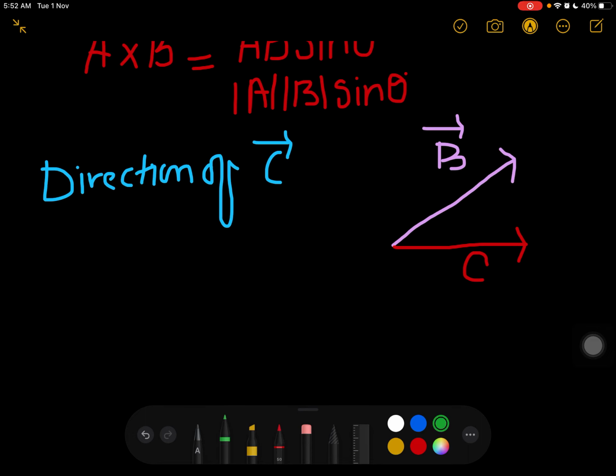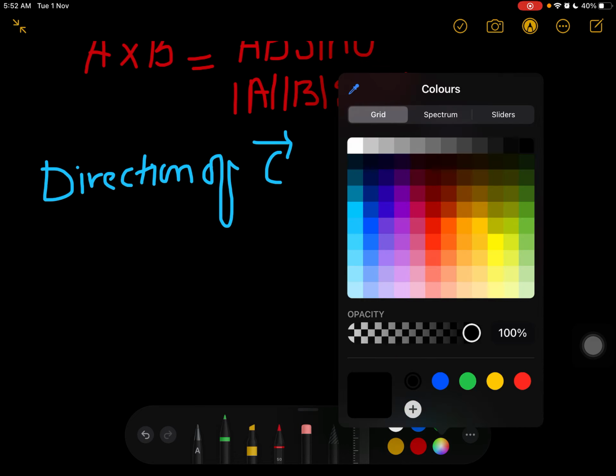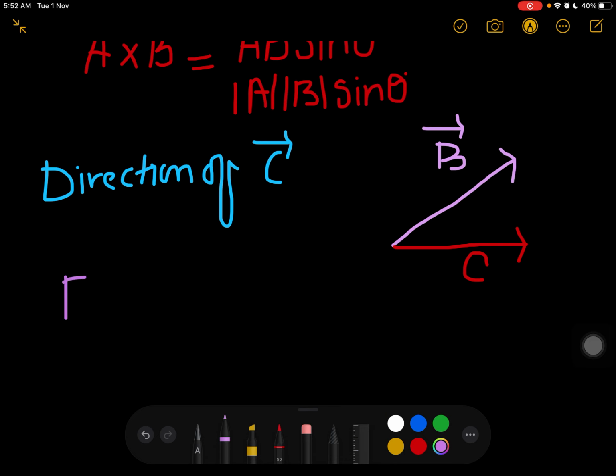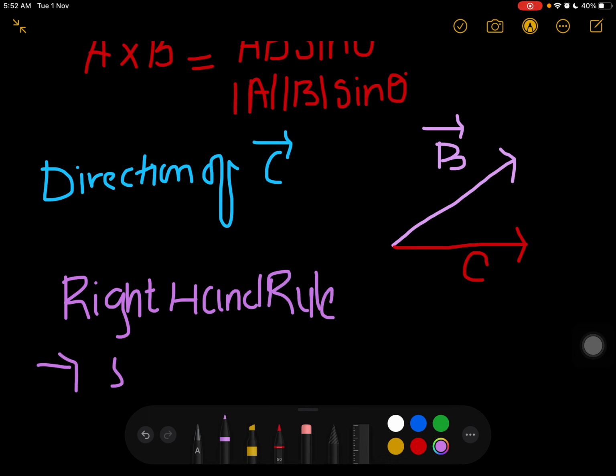Okay, what we will do is apply the right hand rule, or you can say we will apply the screw rule. What will happen, here B will come, here A will come.